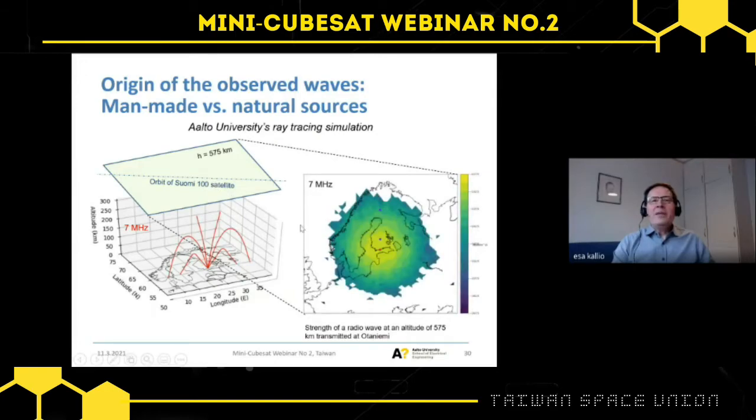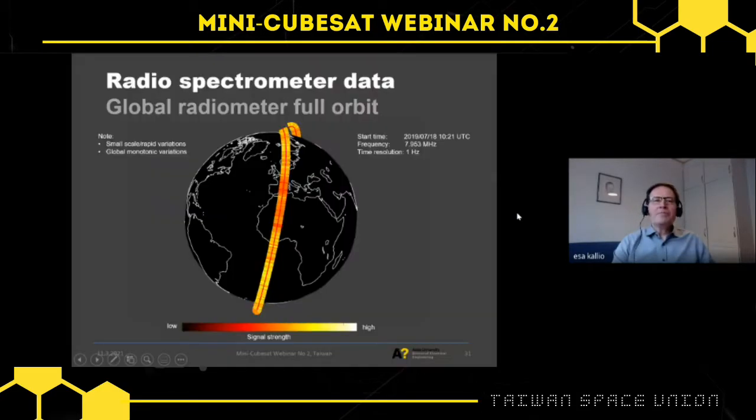We have made simulations of the signal strength: if you have one point source here, you can see the strength of the signal around this point source. This also helps us understand what might be the source of the signal, on the ground or from space.